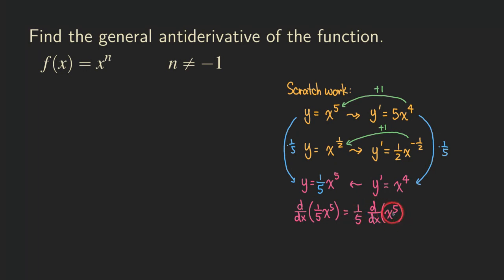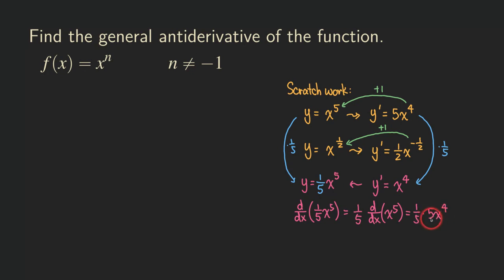Now what's going on here? When we differentiate, we keep the 1/5 in the front, and then when we differentiate this x to the 5th, we are going to get 5x to the 4th.